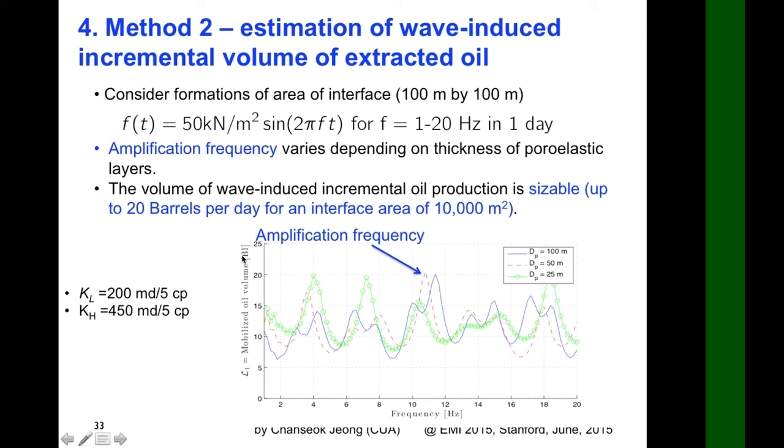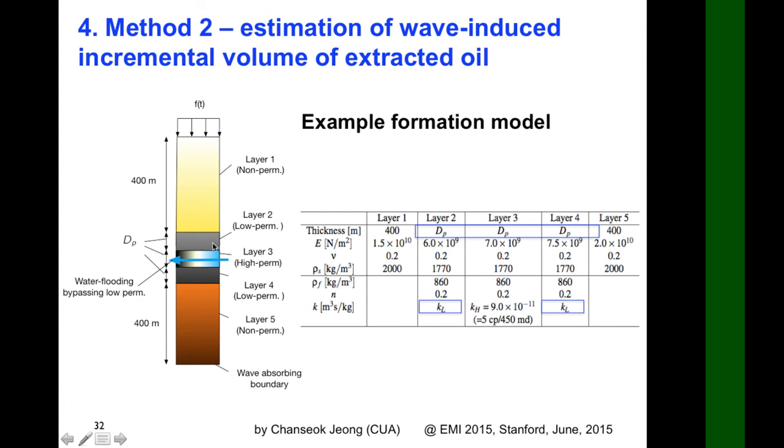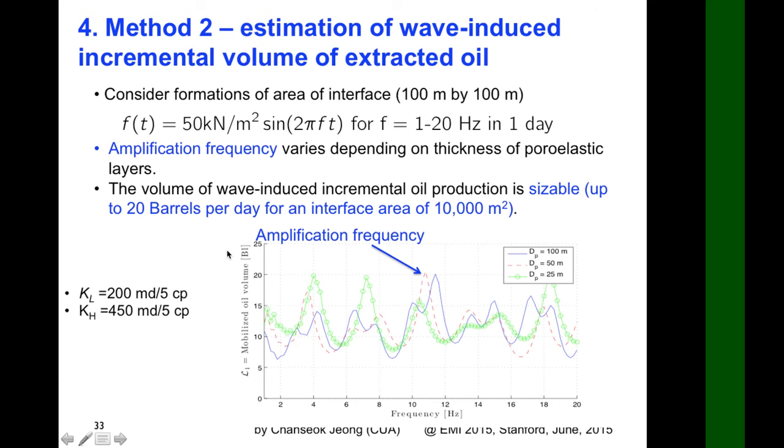As you can see, this mobilized oil volume per this cross-section area, which is 10,000 square meter, we showed that the volume of extracted oil could be very sizable within 1 day wave stimulation operation.